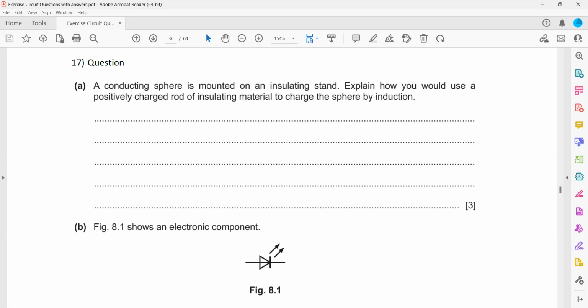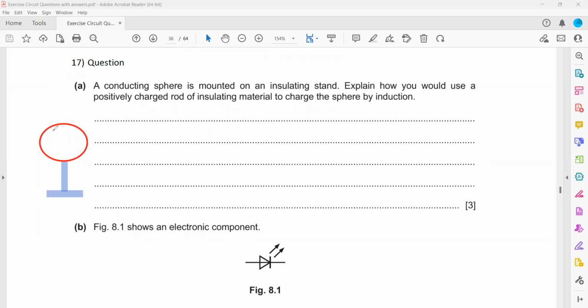So according to the question, we have a conducting sphere, or a metal sphere, on an insulated stand. This stand is insulated, so it cannot conduct.